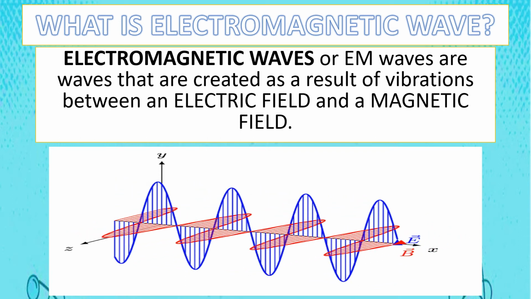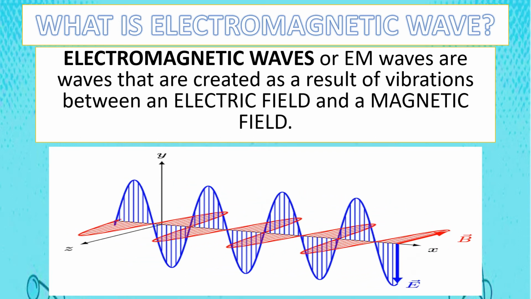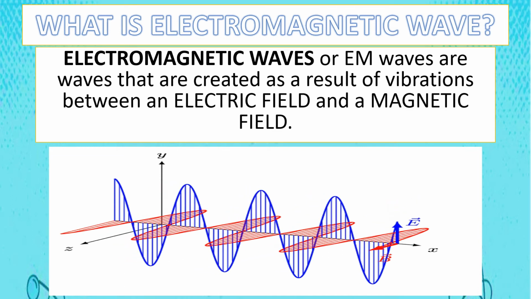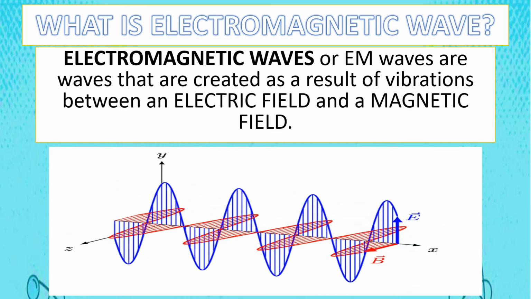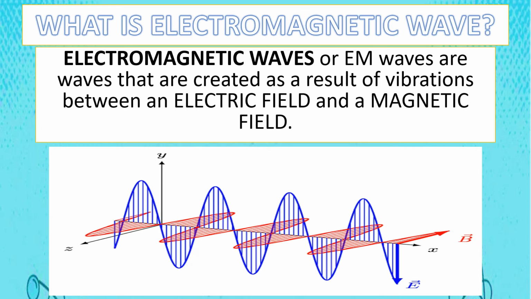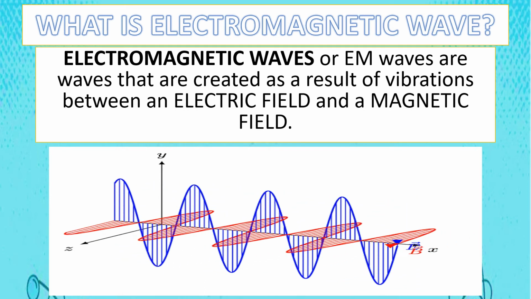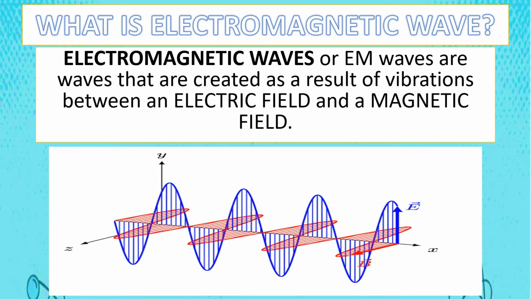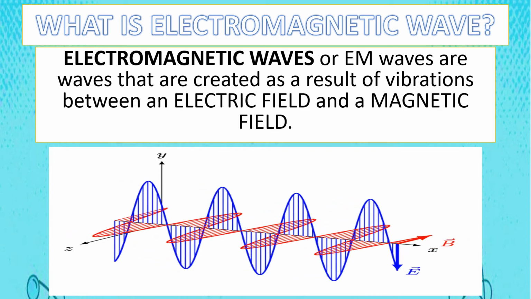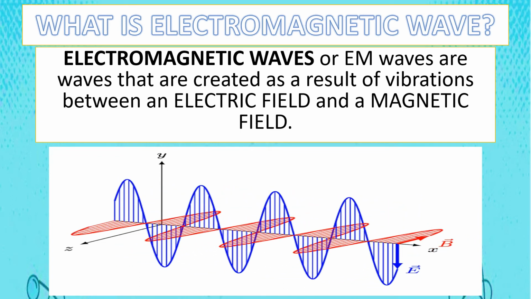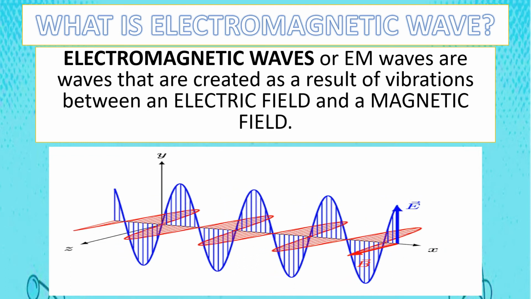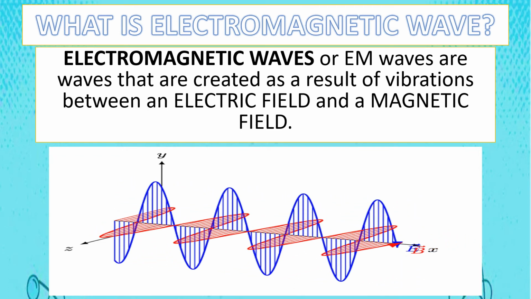Electrons are charged particles that can produce electric and magnetic fields. But in order to create the vibrating electric and magnetic fields that are the characteristics of an electromagnetic wave, electrons must move. A changing magnetic field produces an electric field, and in the same manner, a changing electric field produces a magnetic field.